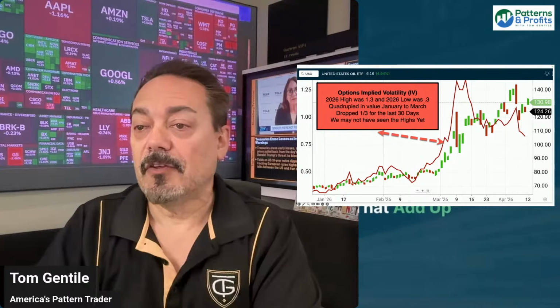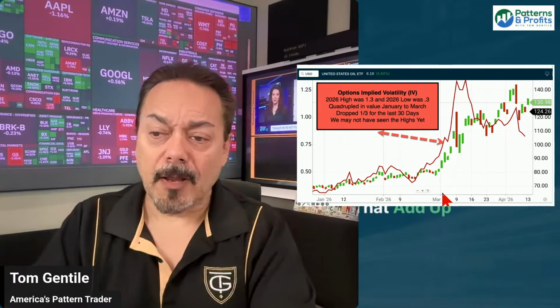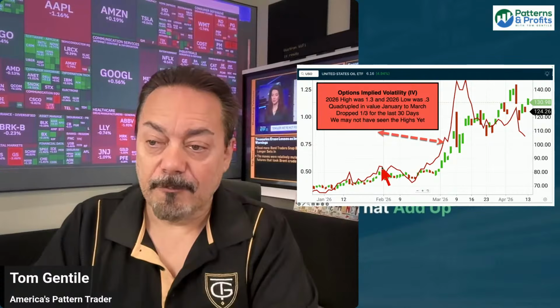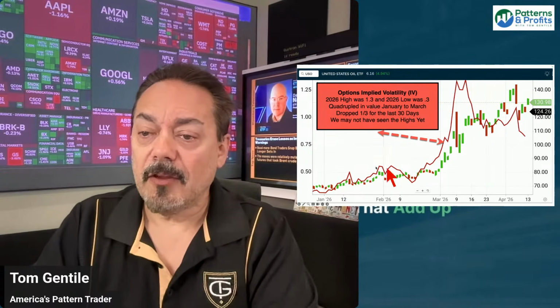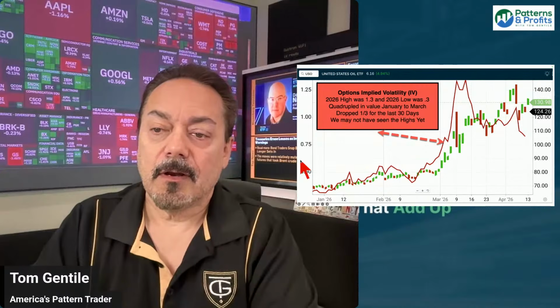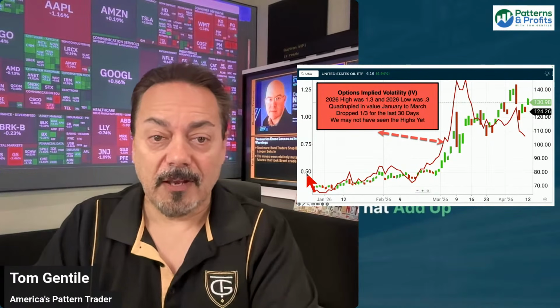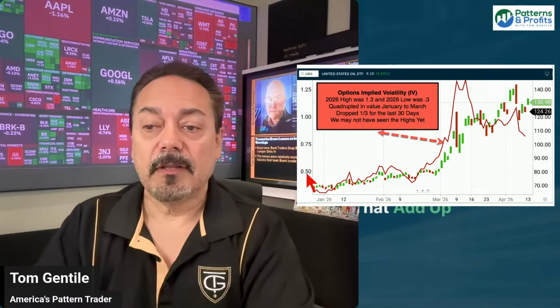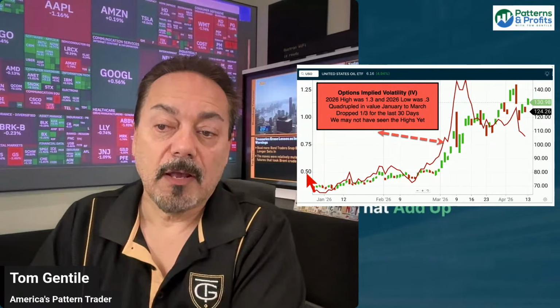Option implied volatility is the red line that I've put on top of the candlesticks. The pricing on the right, from 0.5 up to 1.25, shows the percentages of implied volatility for oil, and more importantly for USO.